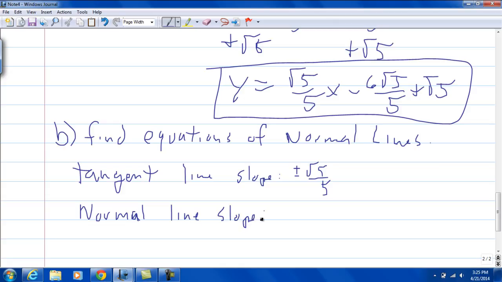That's going to be the negative reciprocal, plus or minus, minus or plus, but we'll just call it plus or minus 5 over the square root of 5, which is plus or minus square root of 5.